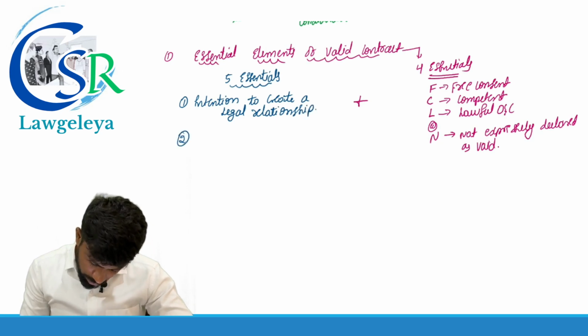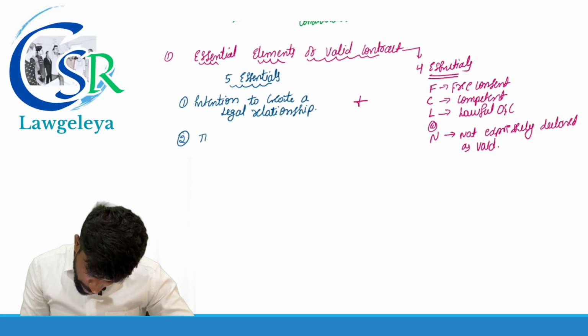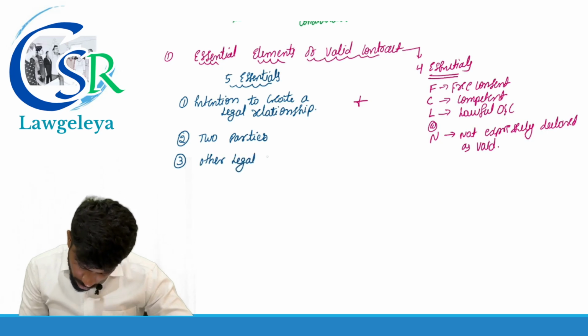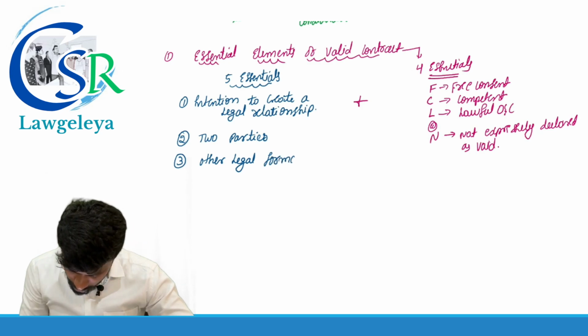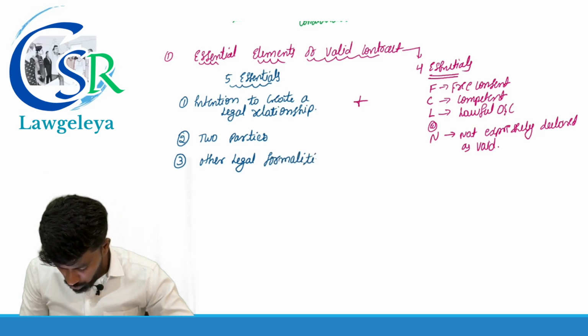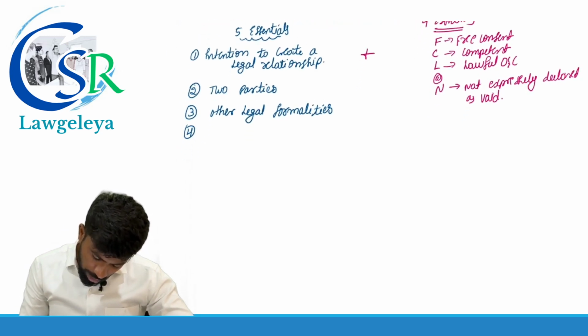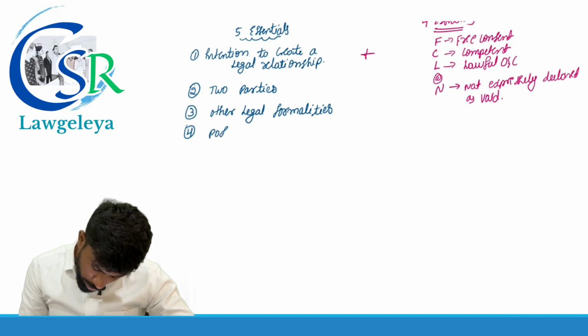Second one, there must be a minimum of how many parties? 2 parties. Third one, must satisfy other legal formalities. If there is any specific law which provides legal formalities, even those legal formalities have to be complied with. Fourth one, it has to be possible to perform.